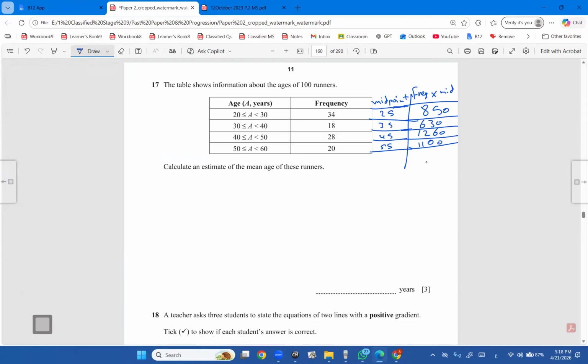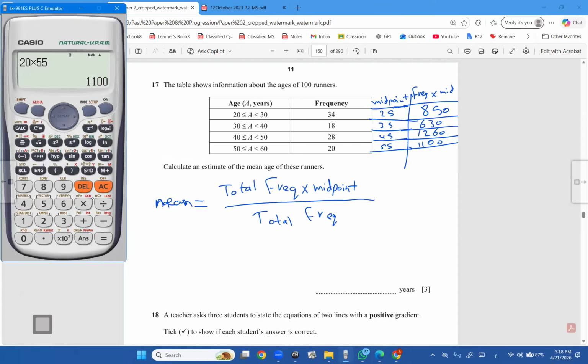This is the rule of the mean. The mean equals the total of frequency times midpoint over total frequency. We've got now the total. No, we haven't got it yet. We need to do 1,100 plus 1,260 plus 630 plus 850.